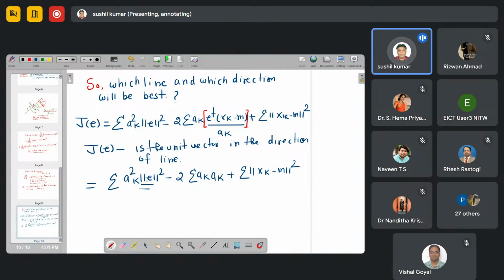Where it is 1, we get a square k minus 2 a square k, and from this portion, minus 2 a square k plus a square k will give you minus a square k, plus (x of k minus m) whole square.